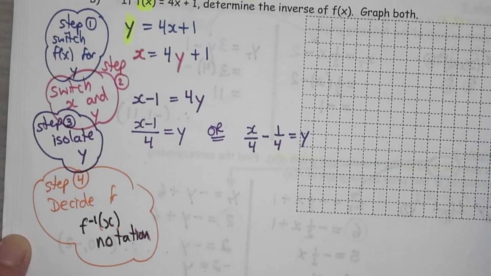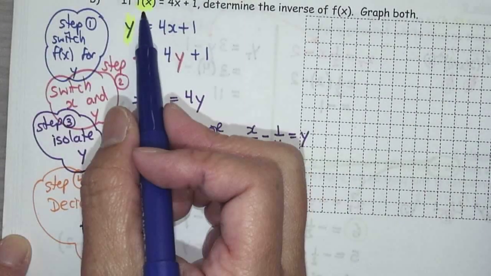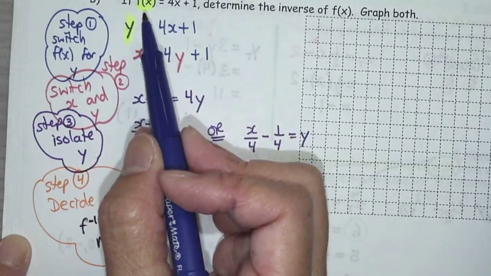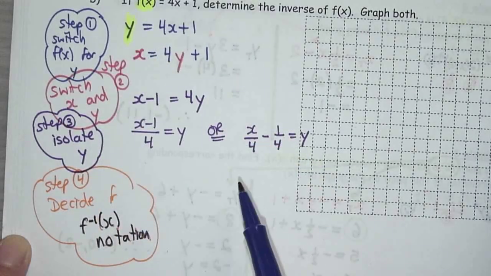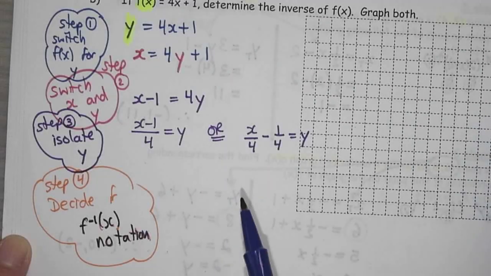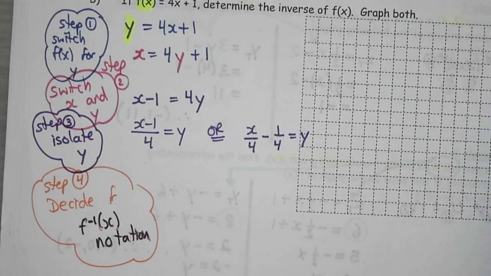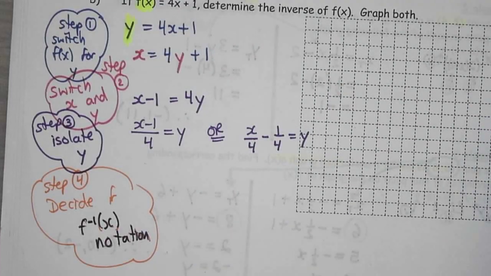Did it start with the f of x? It did. If it started with the f of x and it's still a function, then you have a matching set. It's really just a communication thing. It's basically saying they're a matching set of functions. It doesn't change your answer. It's just the notation at the end.